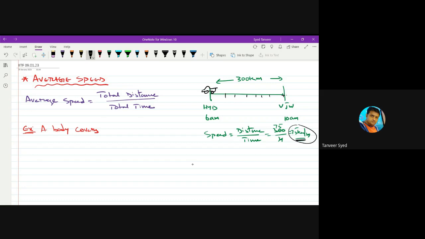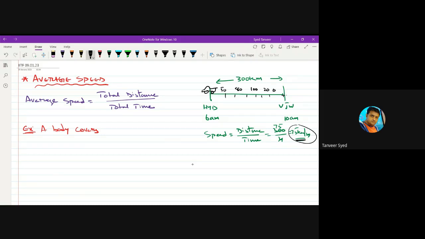Sometimes, when there is traffic, you have to slow down. If there is no traffic, you go fast. If there is a speed breaker, you slow down. If there is a toll gate, you have to stop for a while, or take a break for tea or snacks. Like that, you travel this total 300-kilometer distance with different speeds. Sometimes at 50 kilometer per hour, sometimes at 80, sometimes 100, sometimes 20, sometimes 0.